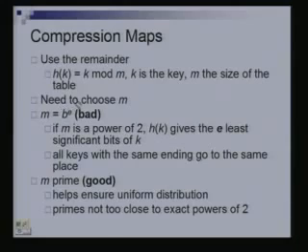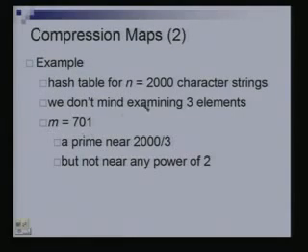If you are using this simple compression map, then you should not pick the size of your hash table to be some power of 2. In fact, it helps if you take the size of the hash table to be a prime number. To give you an example, suppose I had 2000 strings that I was trying to put into a hash table.